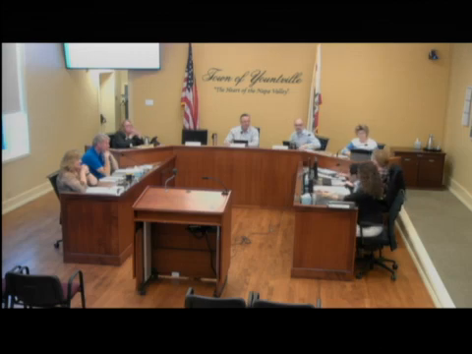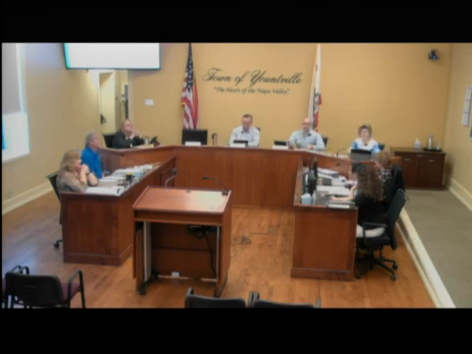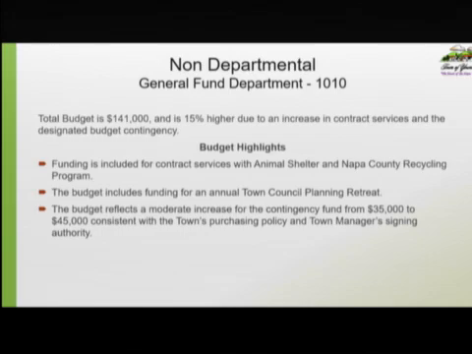Good morning, Mayor, council members. The non-departmental budget focuses on a variety of costs that are not associated with any specific department. To give you an idea what that covers, it includes day-to-day office operations, the council retreat, the contract with the Napa County Animal Control Shelter, LAFCO administrative fees, and any number of agency memberships.